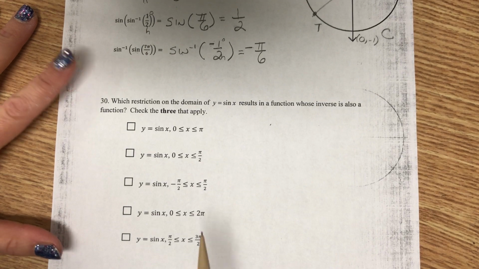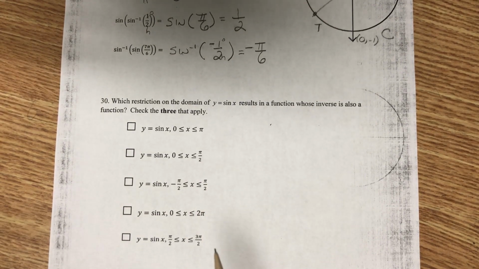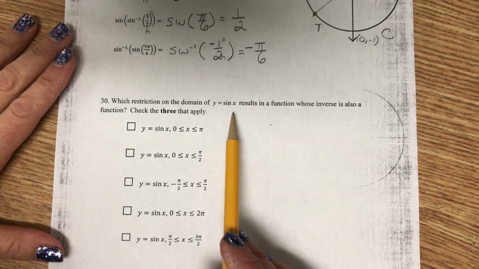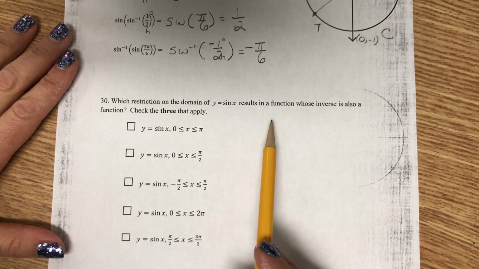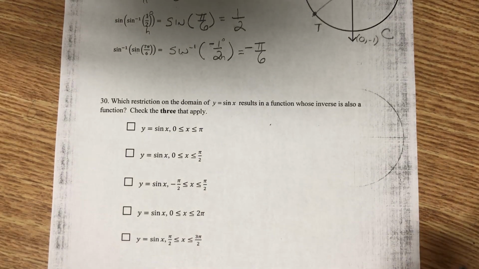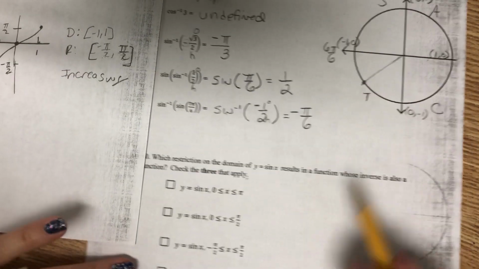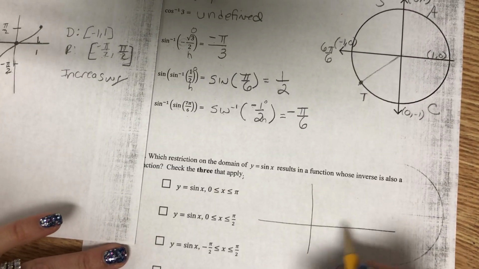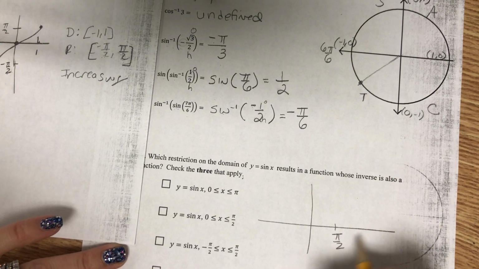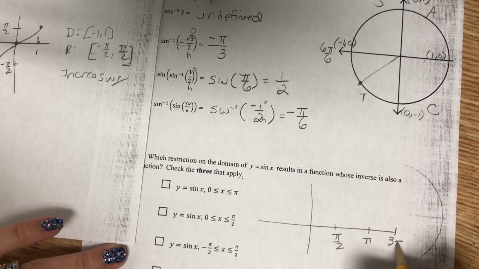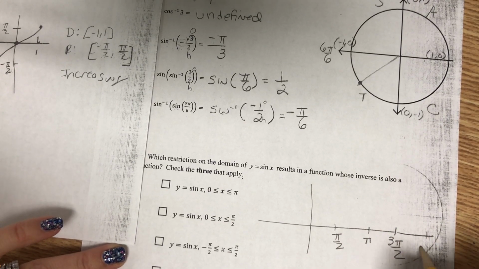Last but not least, which restriction of the domain of sine of x results in a function whose inverse is also a function? Oh, okay, back to this. Let me draw my normal sine function.